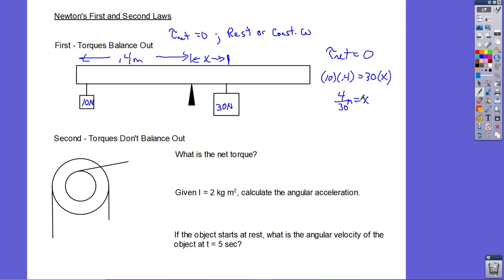Okay. The second case is what happens when the torques don't balance out. And so if you look at that, let's say we have this object that has a pivot point there in the middle and it can rotate. Let me put some numbers on here. So let's say we have a 2 Newton force there, a 3 Newton force here, and a 4 Newton force there.